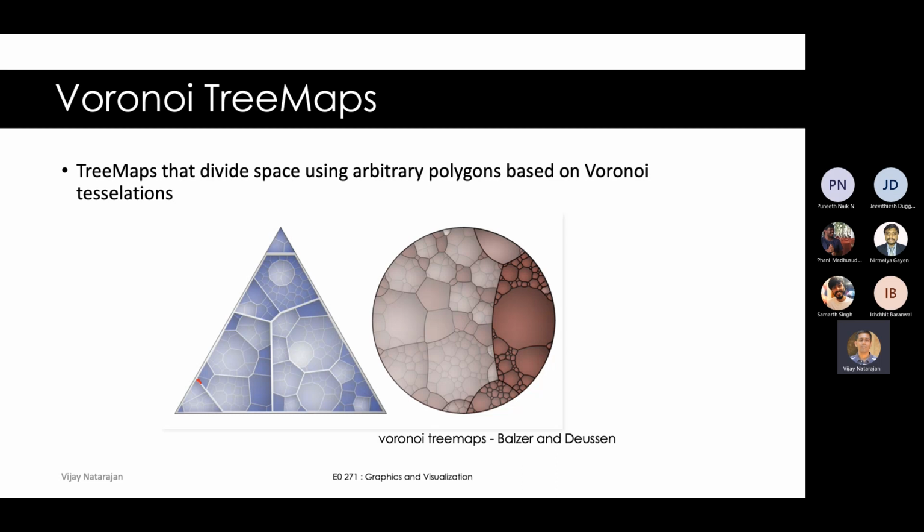That's already the second level. You can imagine that there is a point within each region of the triangle, and each of these points carries some weight, and the region associated to that point.